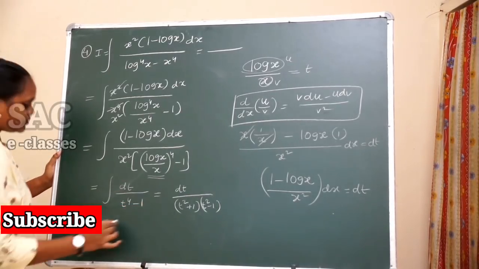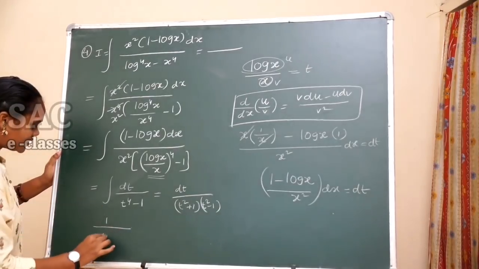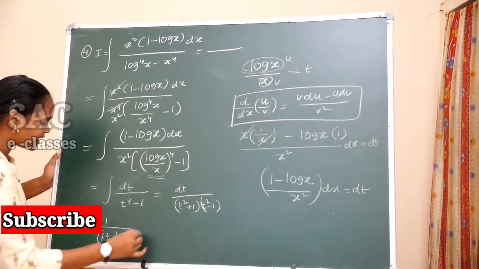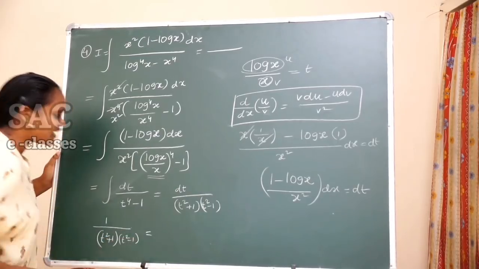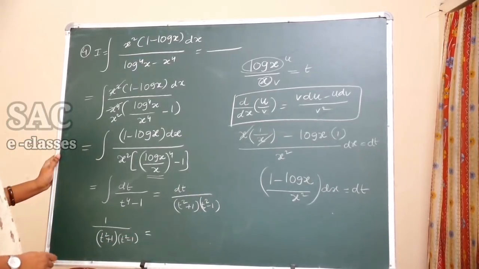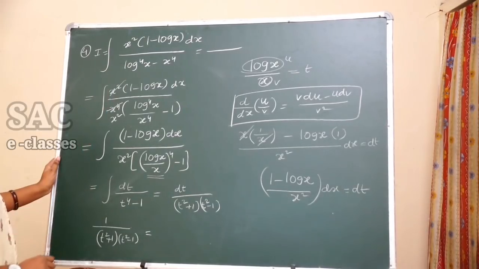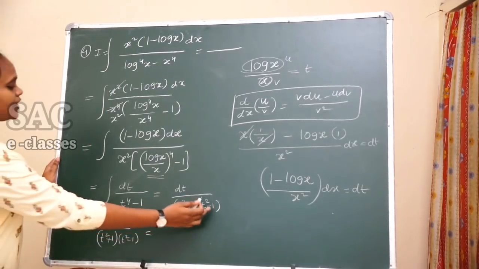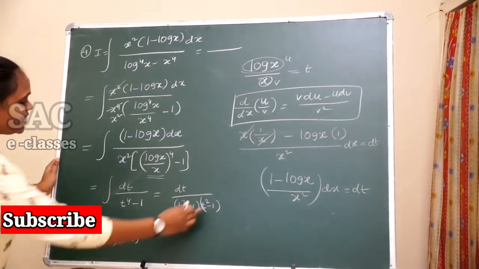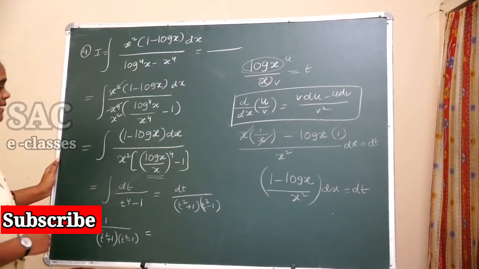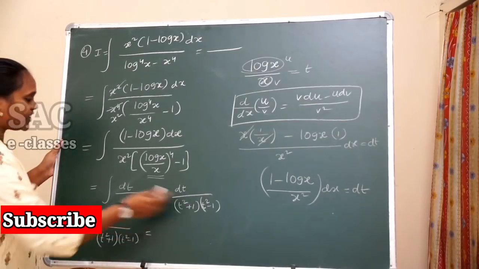Now 1 by t square plus 1 into t square minus 1 can be written as, still you can factorize, but look at the option. In the option only the sum of two things they have given. That's why I am not going to factorize it. Even if it is factorized also, it may come in terms of log only. So I am avoiding the simplification of that.